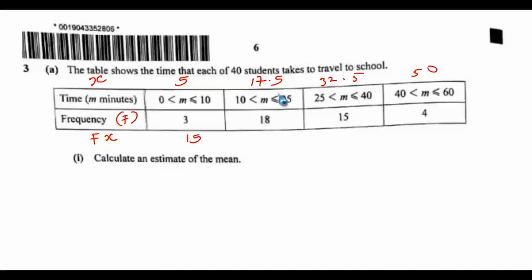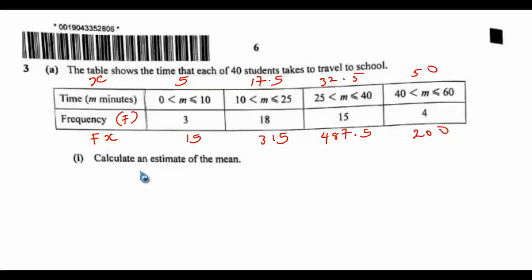Then 17.5 multiplied by 18 will give us 315. Then 32.5 multiplied by 15 will give us 487.5. And 50 multiplied by 4 gives 200.